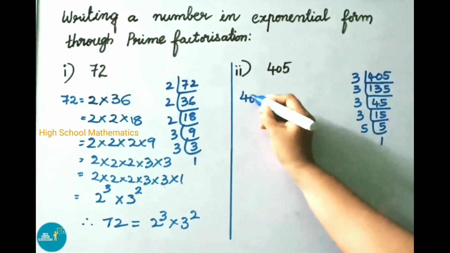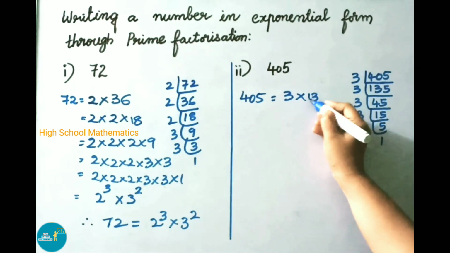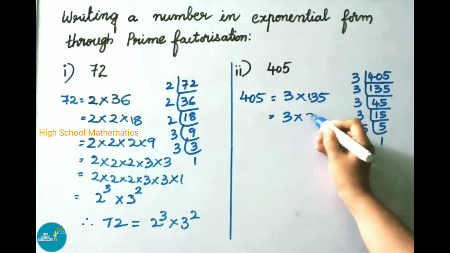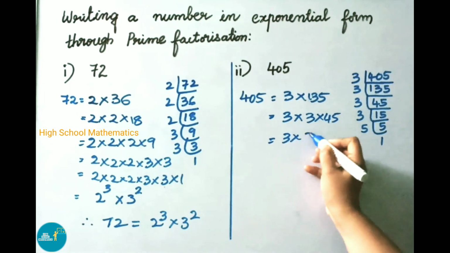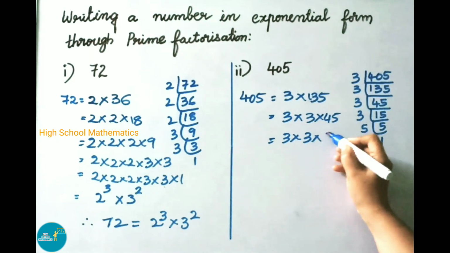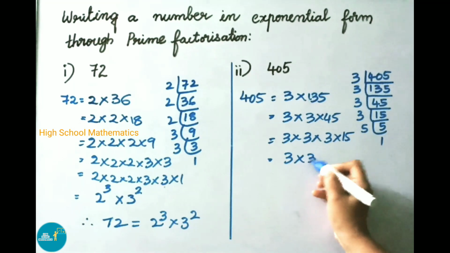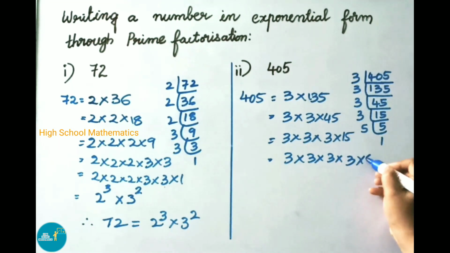See here, 405 can be written as 3 times 135. That equals 3 into 135, written as 3 times 45. That equals 3 into 3 into 45, written as 3 15s are 45. That equals 3 into 3 into 3 into 15, written as 3 5s are 15.